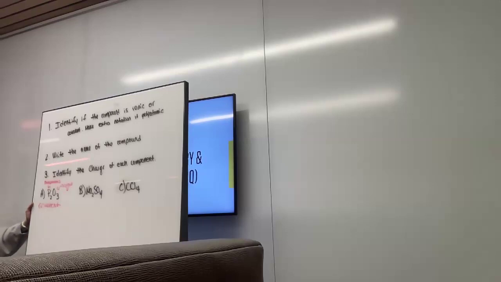Now we want to write the name of the compound. How are we going to write the name of this? What do we need to use? There's a rule about notations, the prefixes. Because we have covalent interactions, we need to use our prefixes.